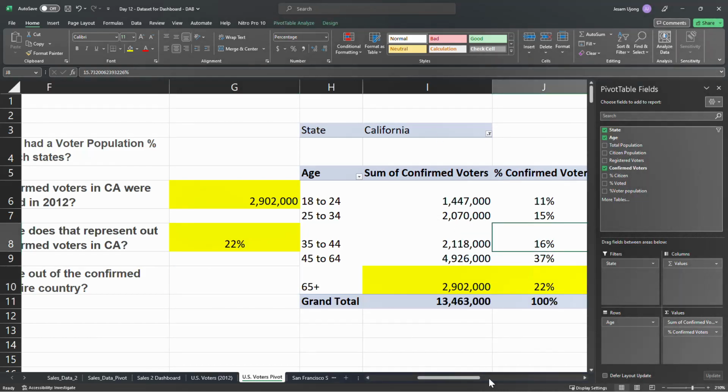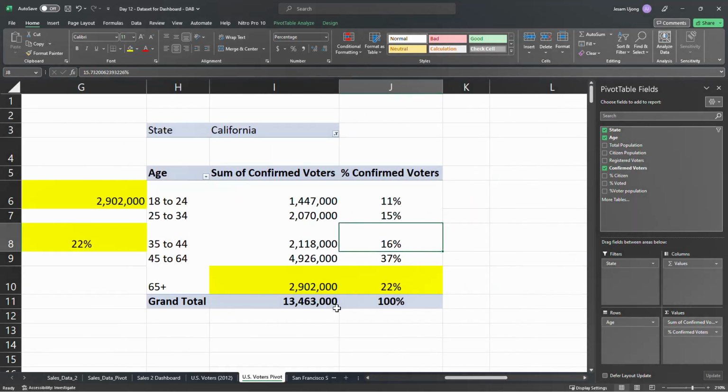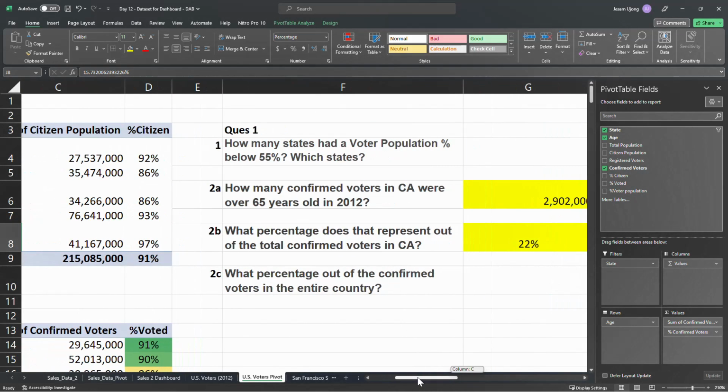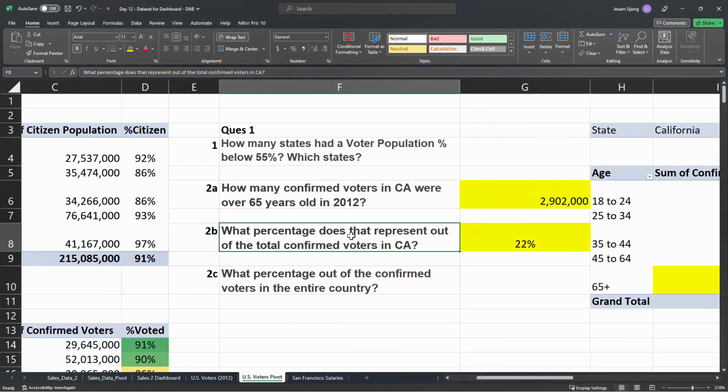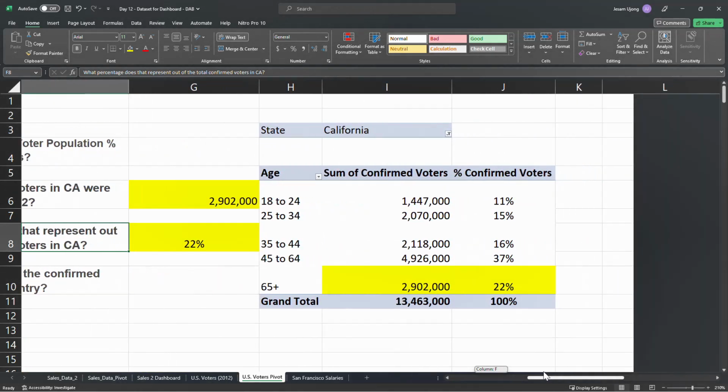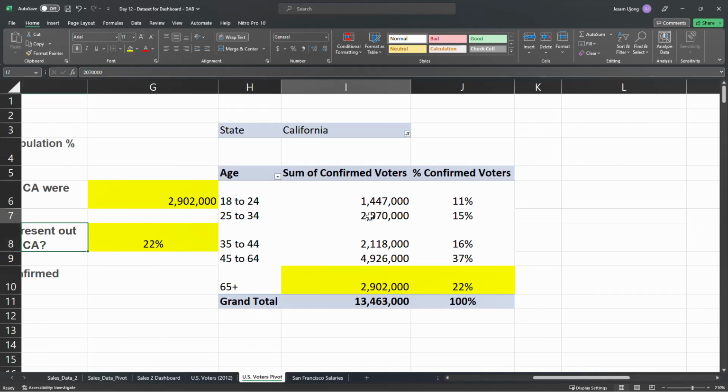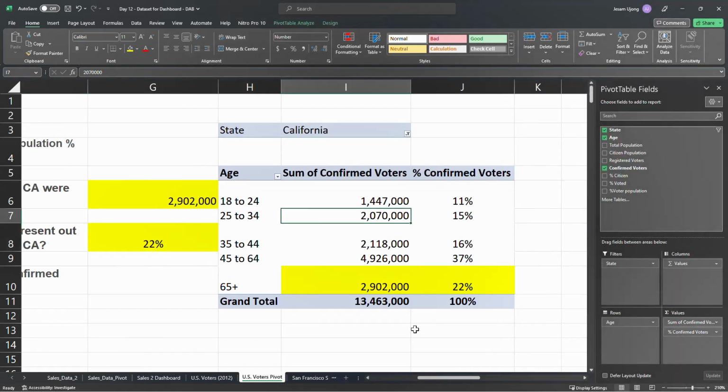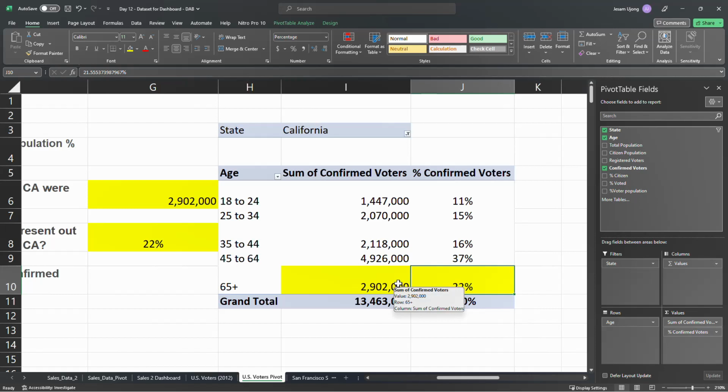I'm sure we're familiar with this technique of getting percentage of. So the question was, what percentage does this 65 years and above represent in the total confirmed voters in California? The question was still within California. That is how we got this.